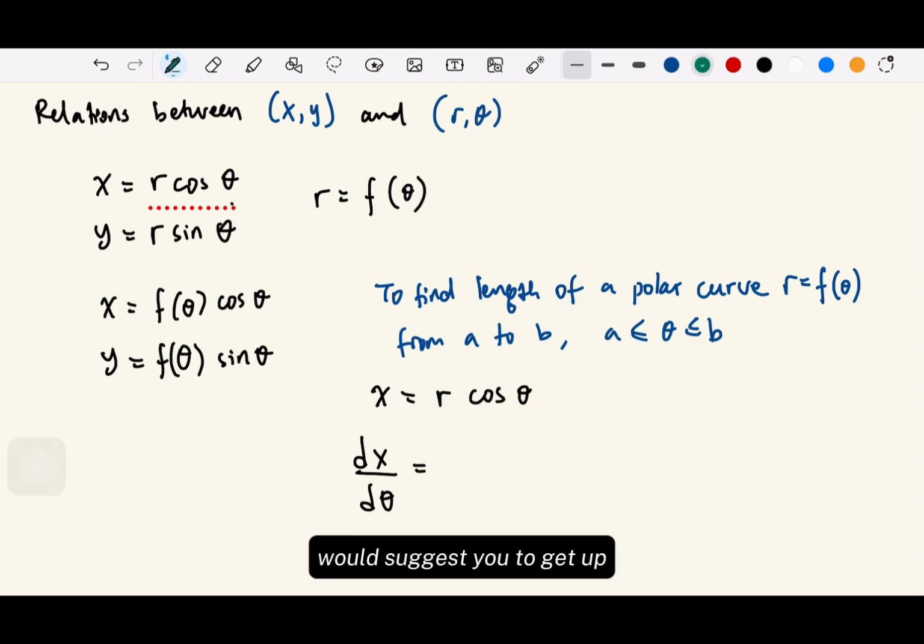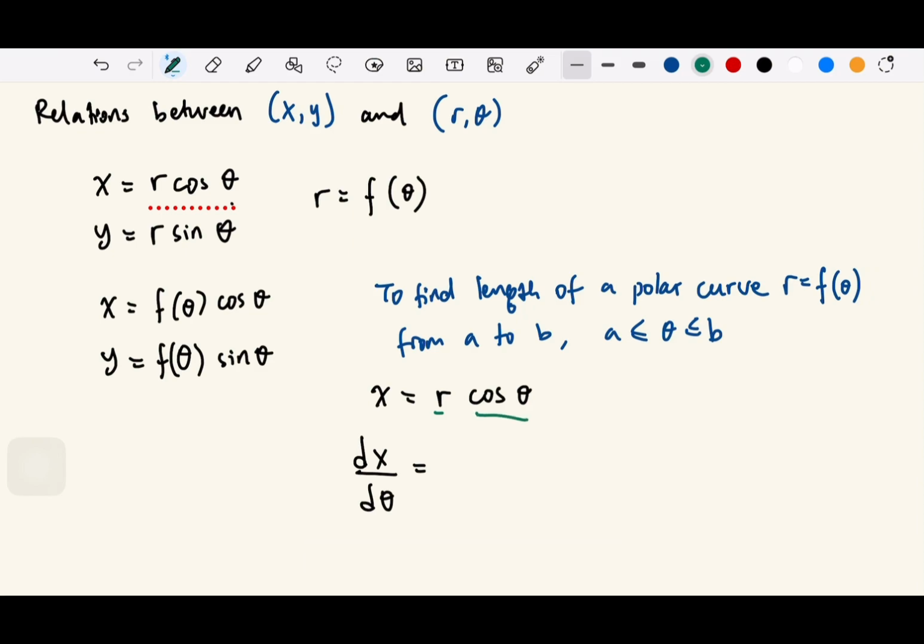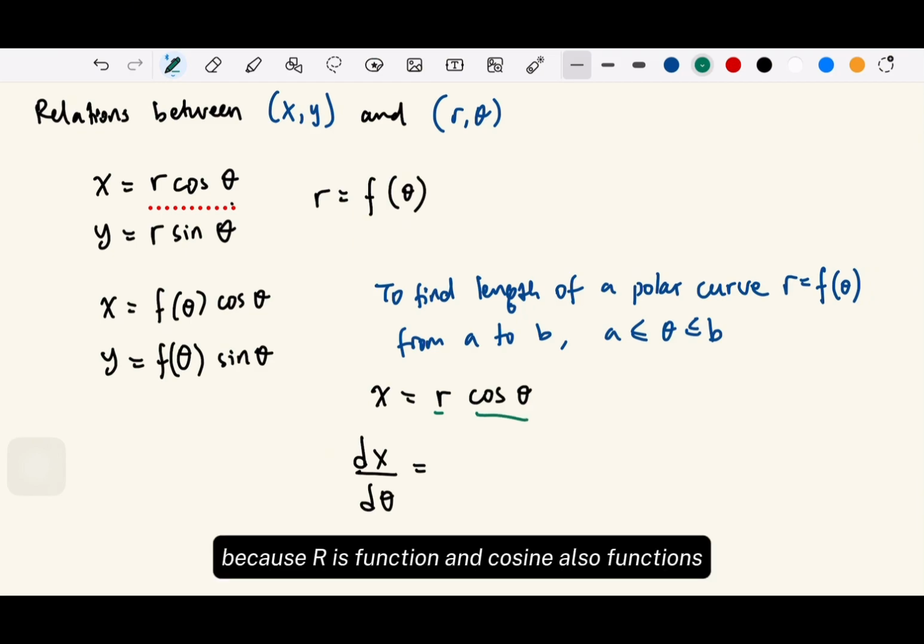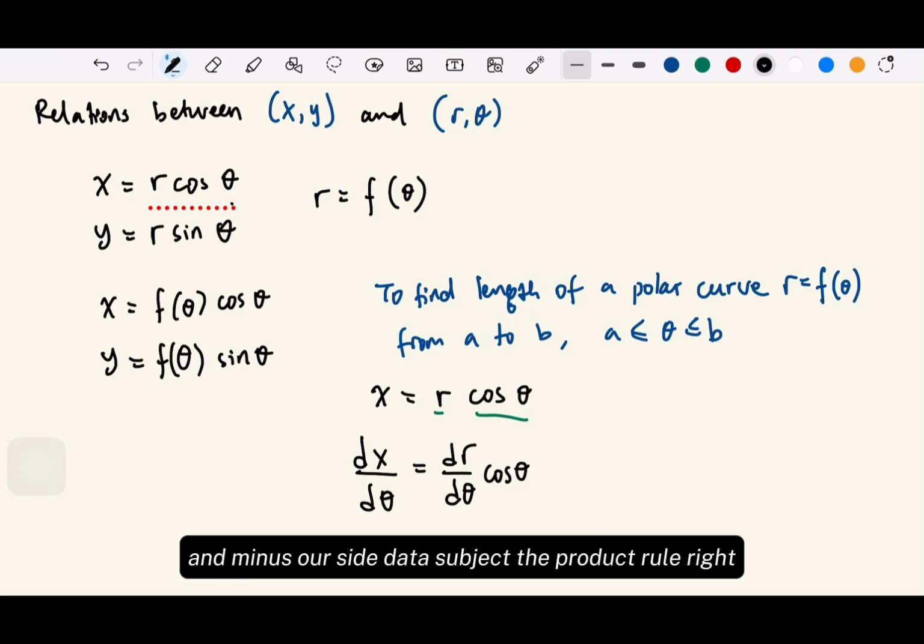Because r is a function and cosine also a function, then we need to have a product rule, right? So it goes by dr d theta cos theta minus r sine theta, so the product rule, right?